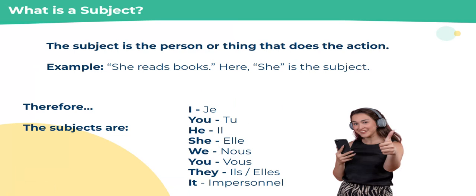Here, she is the subject. Therefore, the subjects are I, you, he, she, we, you, they, it. These are personal pronouns. We can use personal pronouns as subjects, or we can use the full nouns as well.